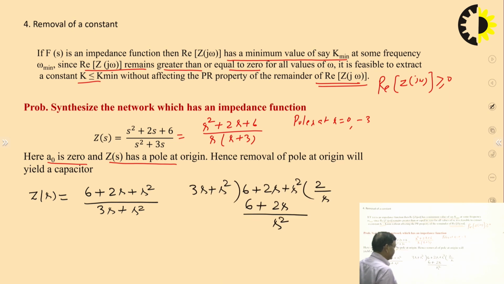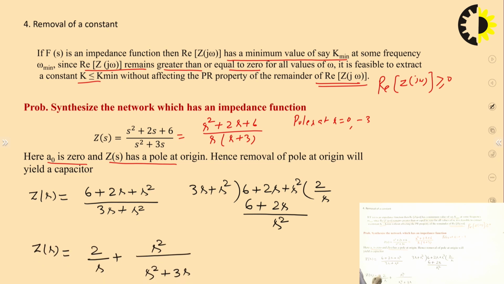After division we get this. Basically the function is 2 by s plus s square upon (2 plus 3s). So this is impedance Z1(s) and this is your Z2(s).